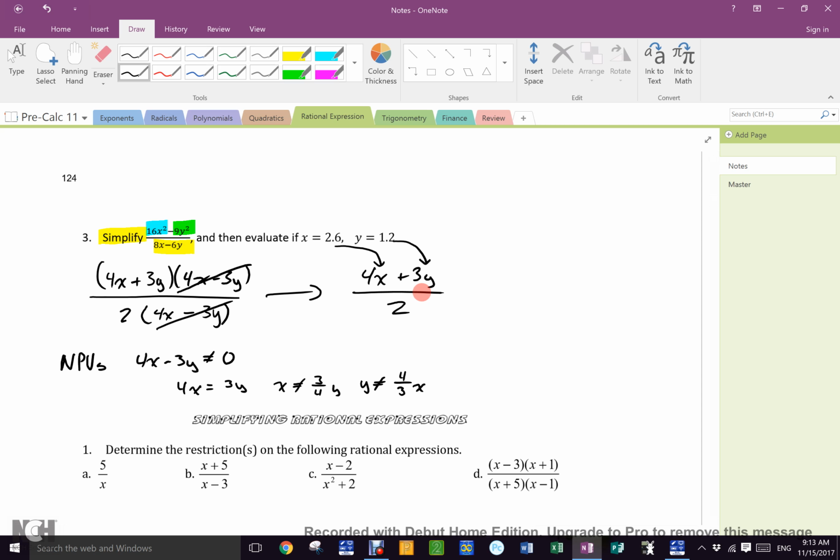Right? Which one can you do in your head? I bet, even with the decimal, you guys could do this one in your head. I bet. Can you? Really? That's 10.4 plus 3.6 over 2, which is 14 over 2, which is 7.